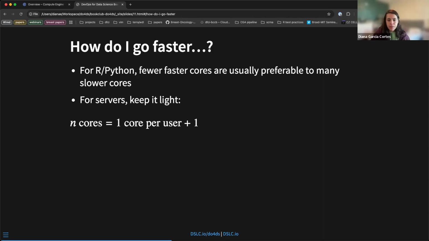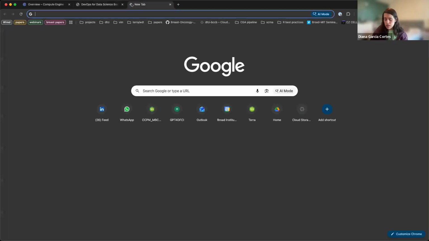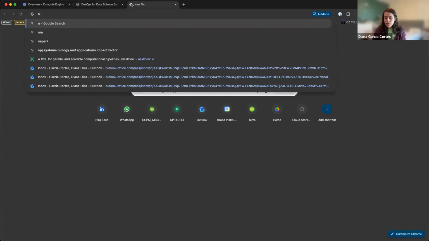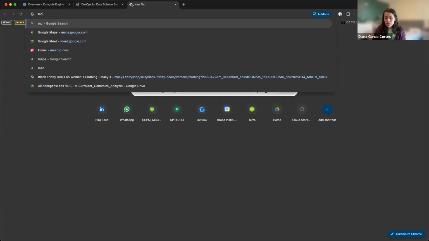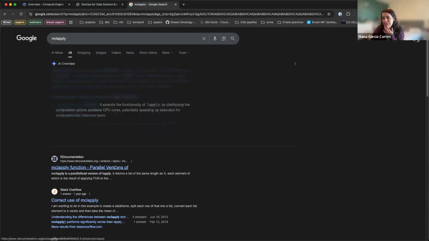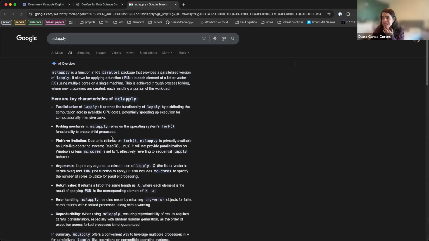But yeah, when we use parallel processing, I've used mclapply, and that comes from the package parallel. And I really like them.